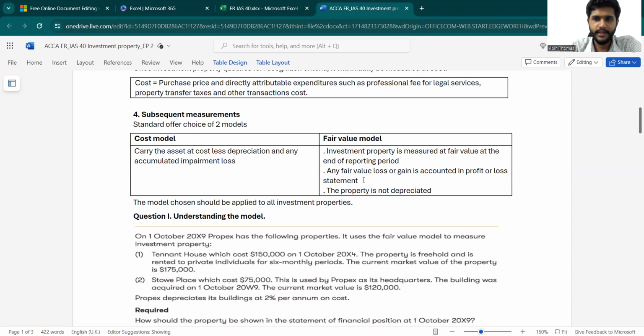If you have seen the first episode on IAS 16, where did we account for a revaluation increase? We took it to other comprehensive income. But here the picture is completely different. We will take it to the P&L account.